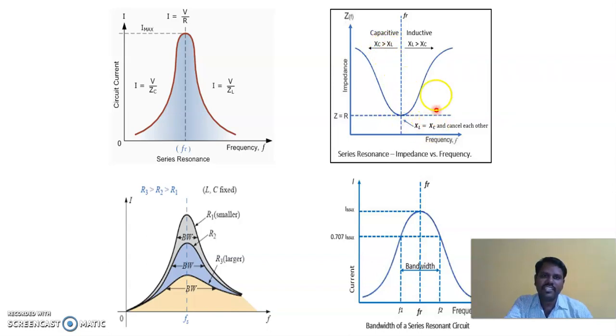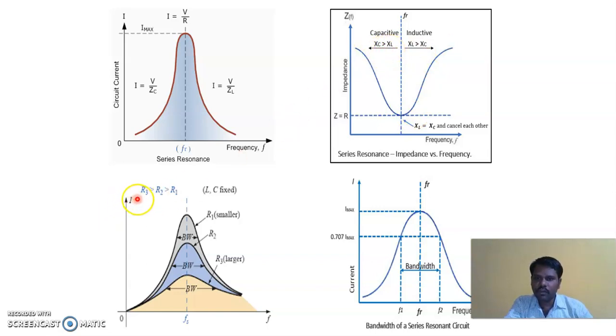If the frequency is greater than the resonant frequency, it acts as an inductive circuit. Now we have seen how the frequency affects the current as well as the impedance. So we learned about XL and XC.